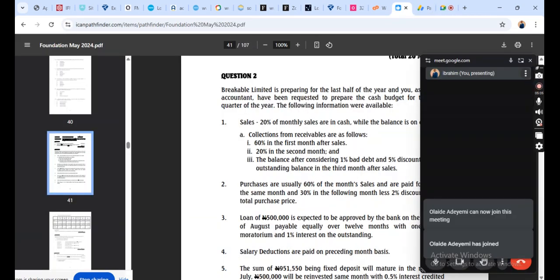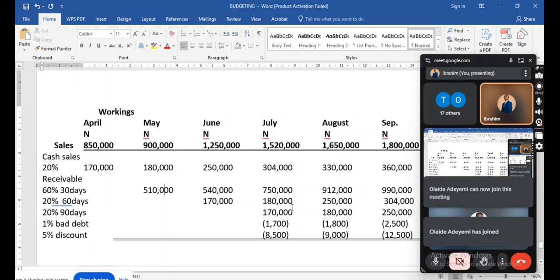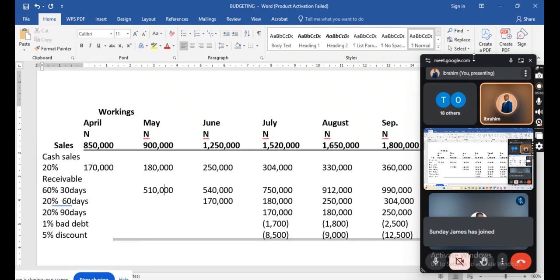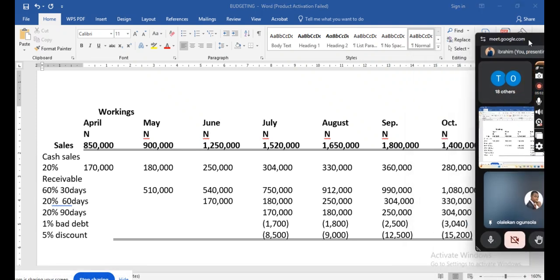Then 60% is itself. Then 60% of 1,250,000, we have 750, right? 60% of this, please just confirm if the figures are correct, right?